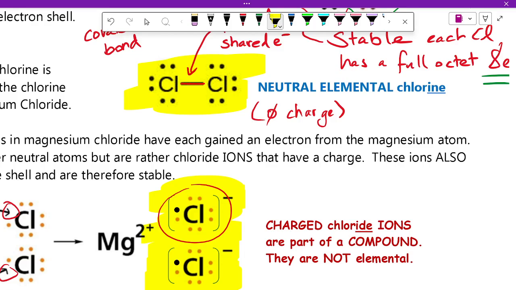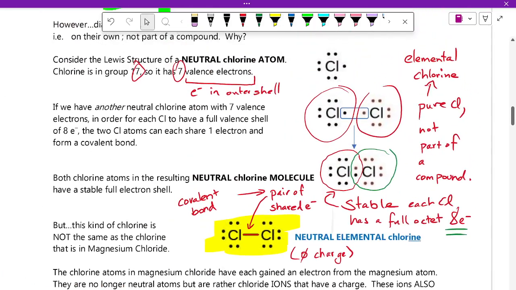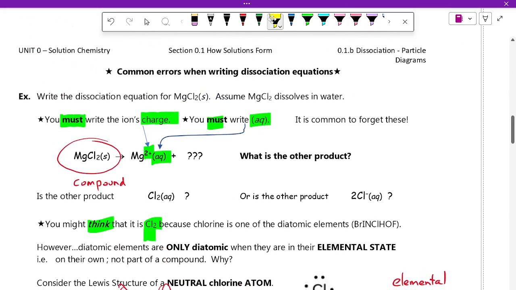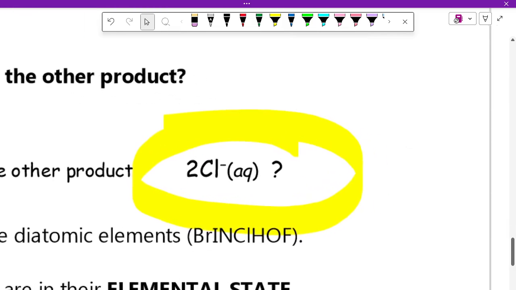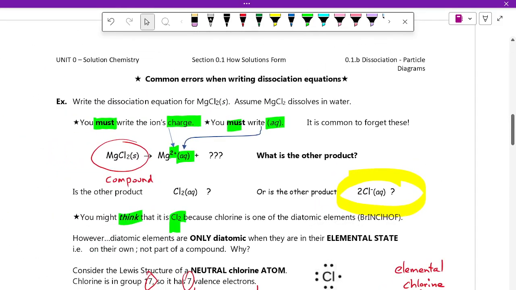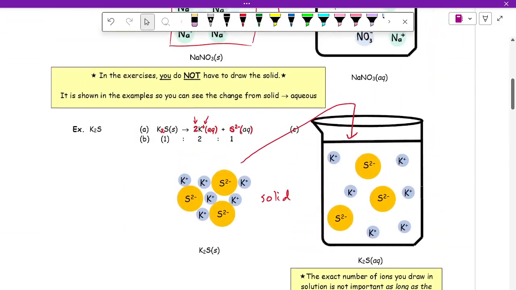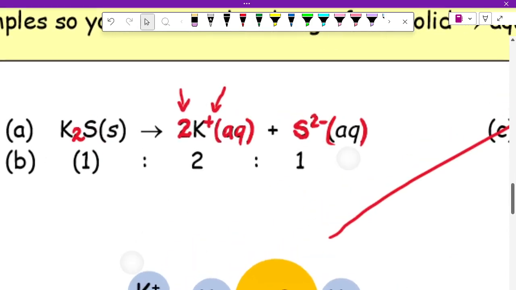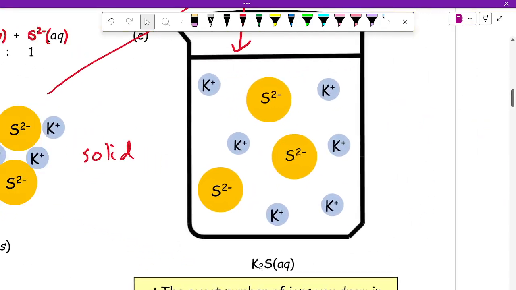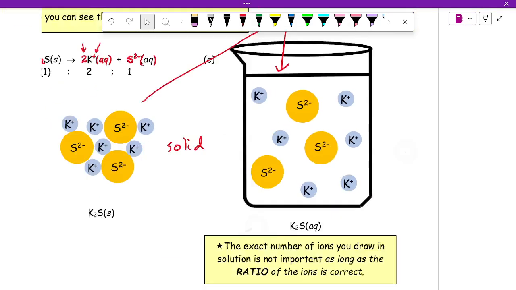So it's not Cl2. When you separate them, they come apart as 2Cl minus. So like we had back here, do you remember we had K2S? And the Ks all came apart separately from one another? That's what chlorides do. They come apart separately from one another, just like the Ks did, okay?